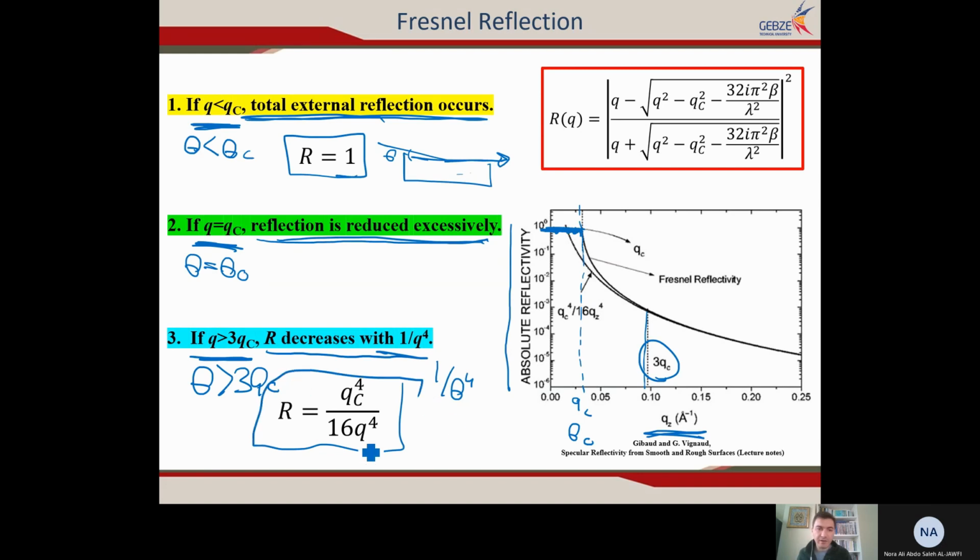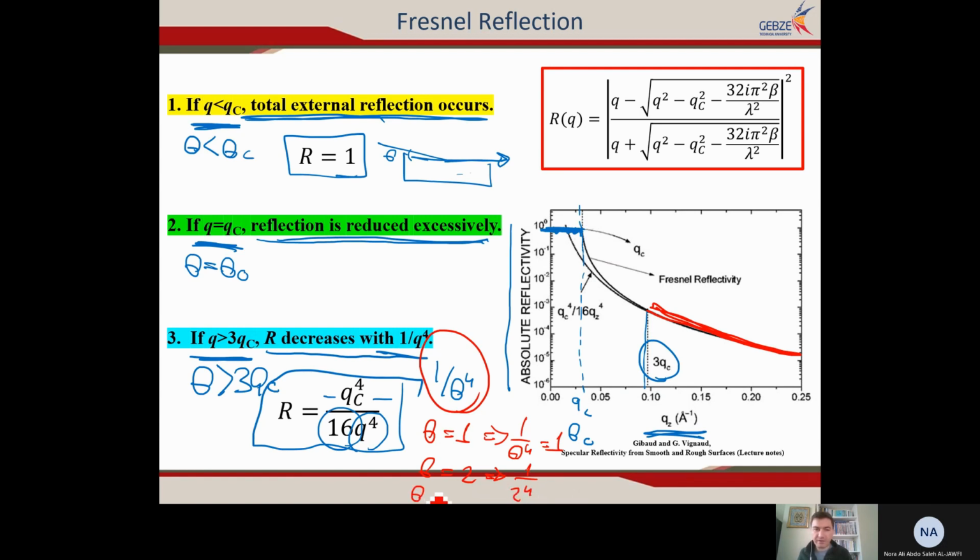What do you see here? Let me talk about the reflection and theta relation. We are talking about this part. So let's consider theta is 1. Then what about 1 over theta power 4? This is 1. For theta is 2, this is 1 over 2 power 4.